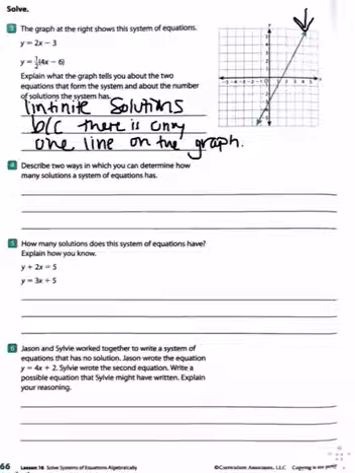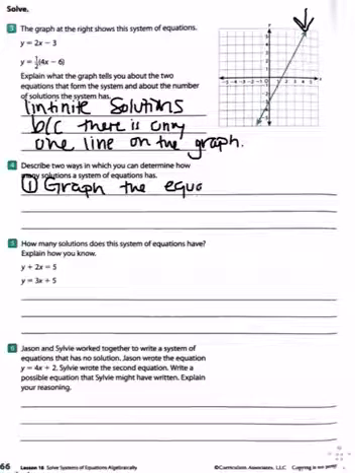Problem 4. Describe two ways in which you can determine how many solutions a system of equations has. Well, you can graph the equations. And so you can look to see if it's parallel lines, intersecting lines, or one line.